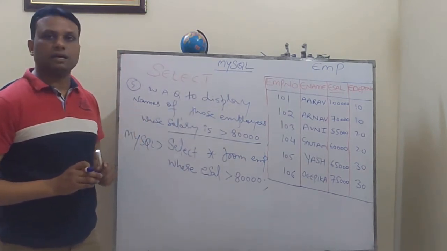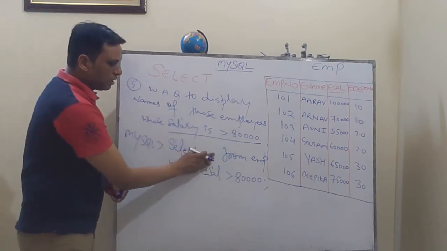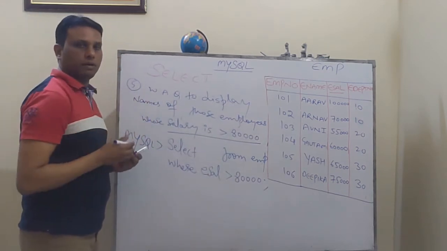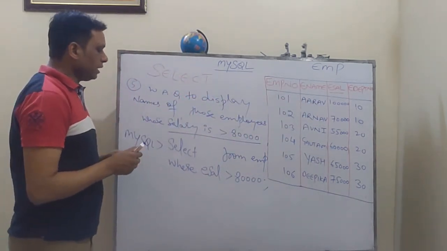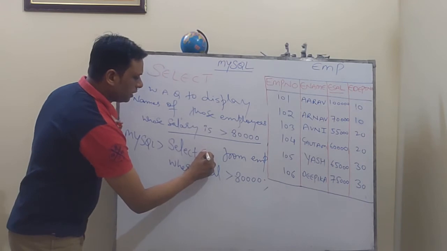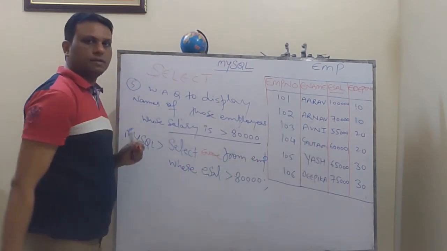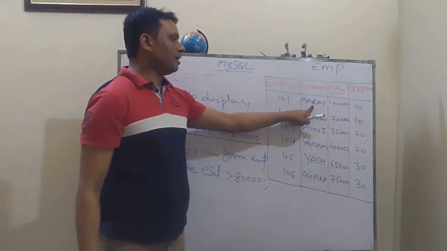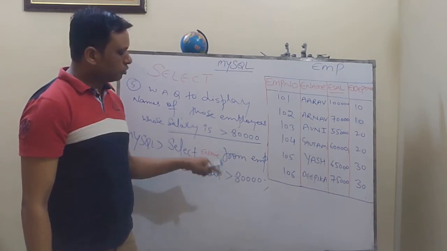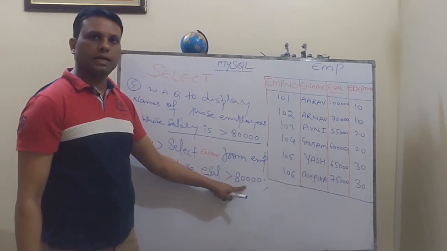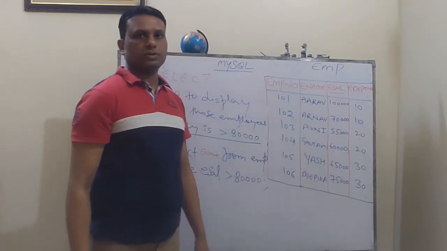Then what changes are required? Instead of star, we have to use the column name here. The column name is E name. So select E name from EMP where E sal greater than 80,000. Then you will get only Arav, because you are selecting only the name of those employees whose salary is greater than 80,000, and there is only one such employee.